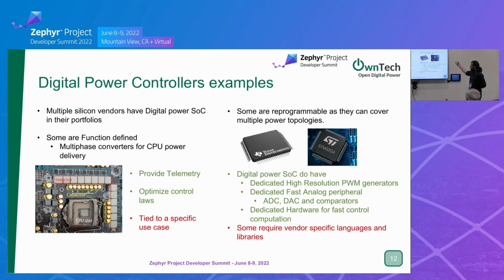And there are reprogrammable SoCs that we can use, which have dedicated high-resolution PWM generators and dedicated fast analog peripherals: ADCs, DACs, and comparators. They have dedicated hardware for fast control computation, but some of them require vendor-specific languages or libraries. They are very niche, very hard to get into.